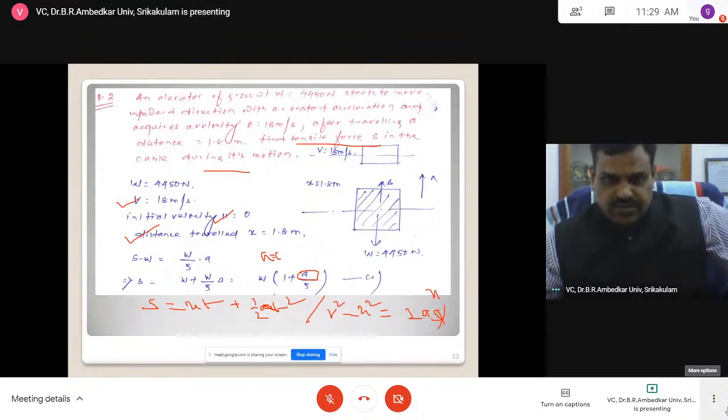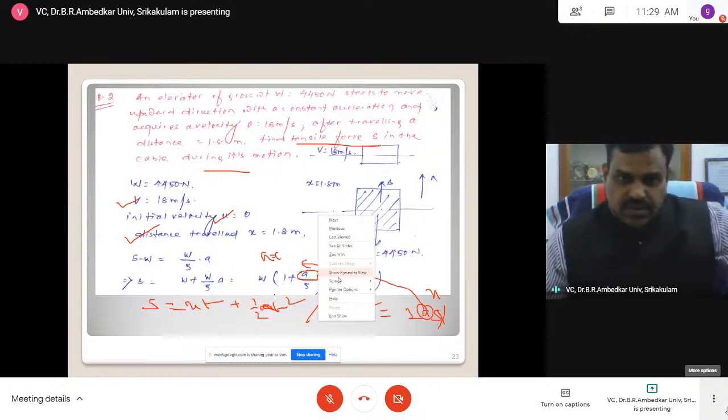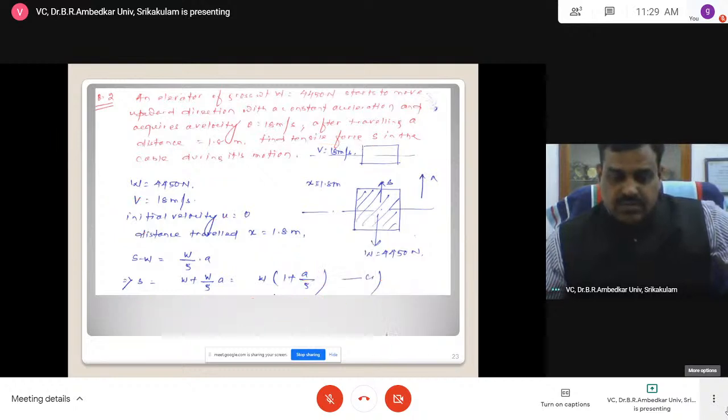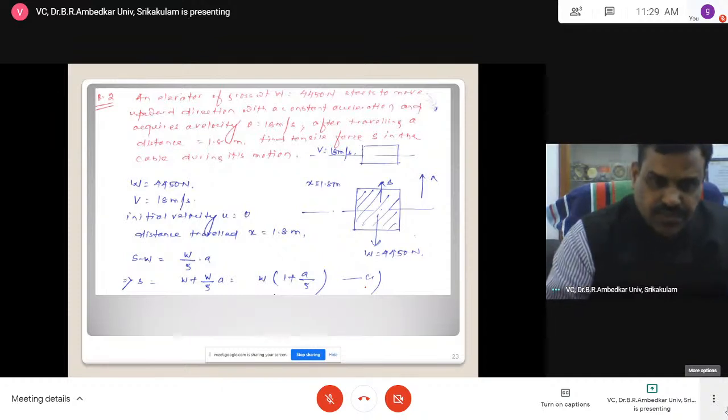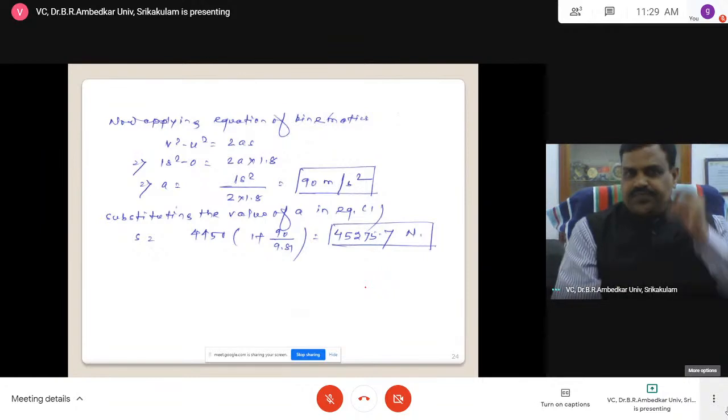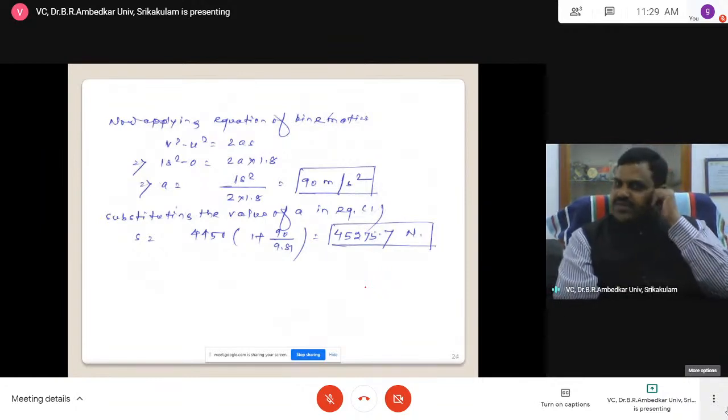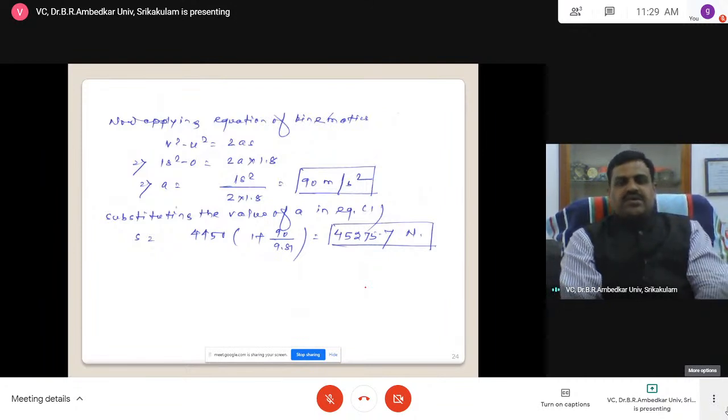Now substitute and find out the acceleration. That acceleration we substitute, and this is how you can find out the expression. From v square minus u square equals 2as, find out the acceleration, then substitute in the equation and find out the unknown parameter.